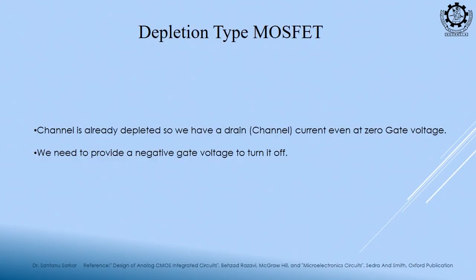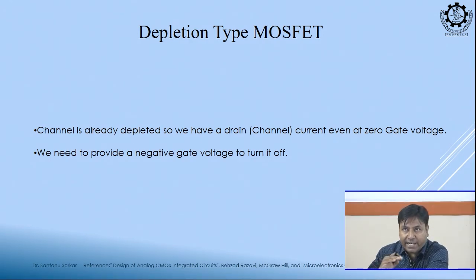Next is depletion type MOSFET. This is a special type of MOSFET where a channel is already depleted, a channel already exists. So, even at 0 gate voltage it will carry a current because the channel exists. Now, if we want to turn it off, we have to provide a negative gate voltage. Understood?